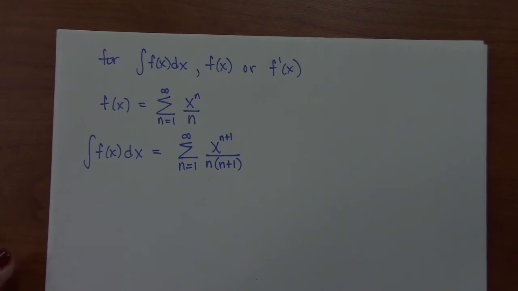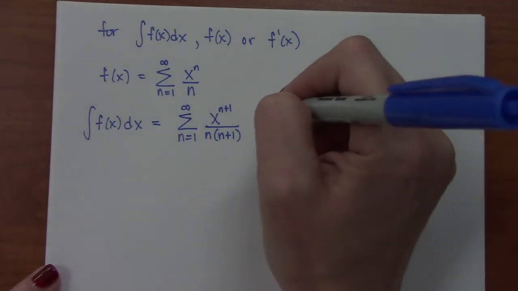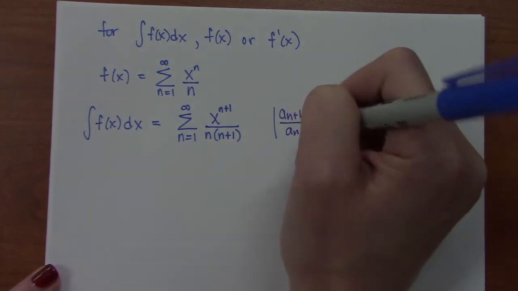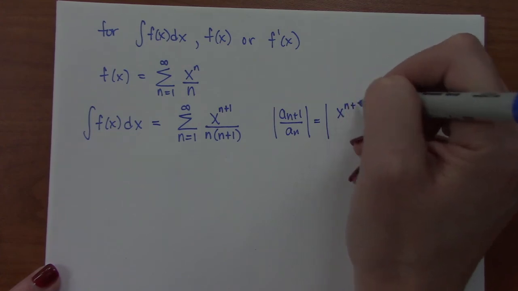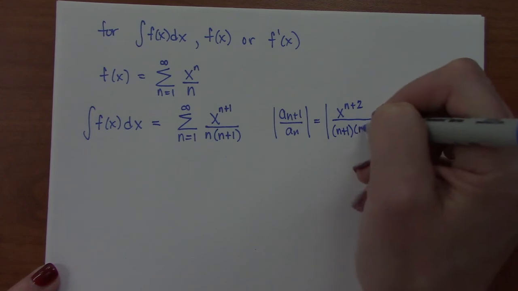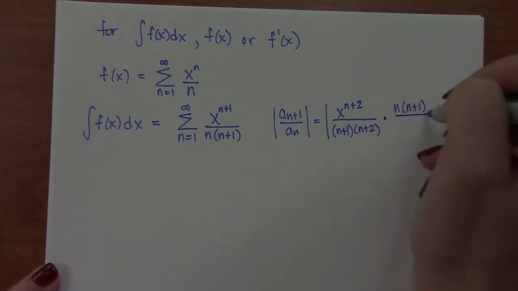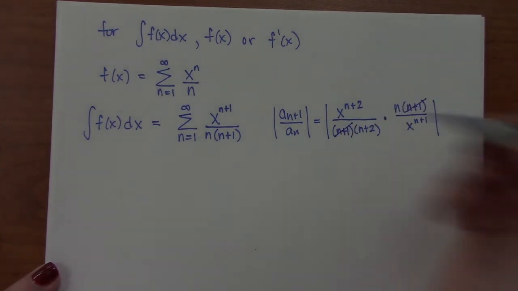So now, if we wanted to look at this series and see where it converges, we would simply perform the ratio test. So now I'm going to have n plus 2 over n plus 1 times n plus 2 times n plus 1 over x to the n plus 1. So my n plus 1 cancels.